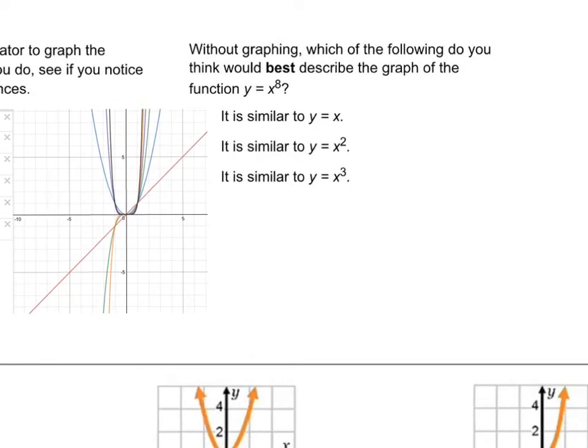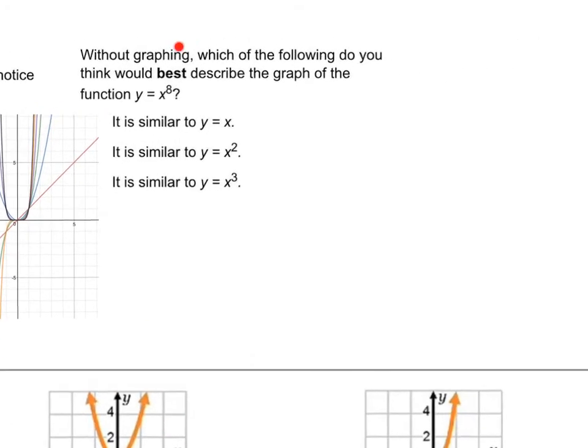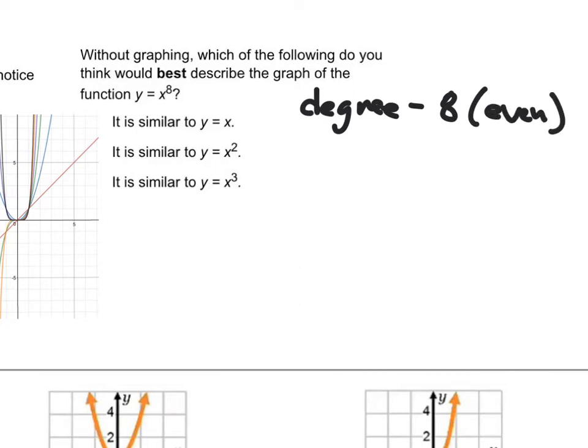And so you can answer this question over here. It says, without graphing, which of the following do you think would best describe the graph of the function y equals x to the 8? So when you have x to the 8, the degree is 8, which is an even number. And so it would behave most like another function that has an even degree, like x squared.